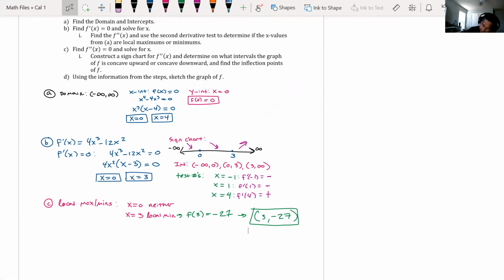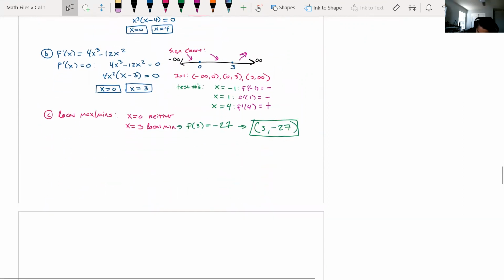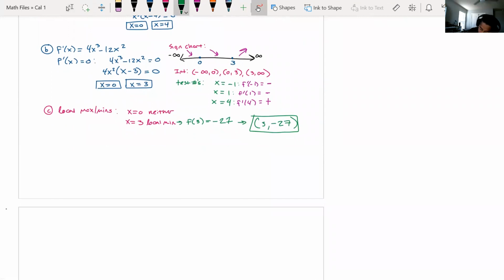Okay. So let's get that second derivative. I'll start on this next page. We'll call this D. F double prime of x is 12x squared minus 24x.